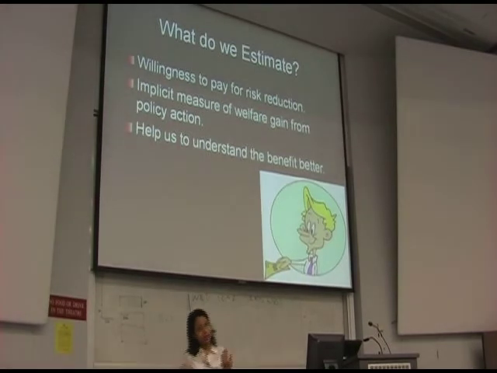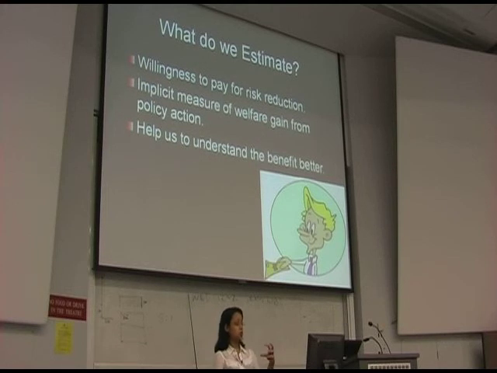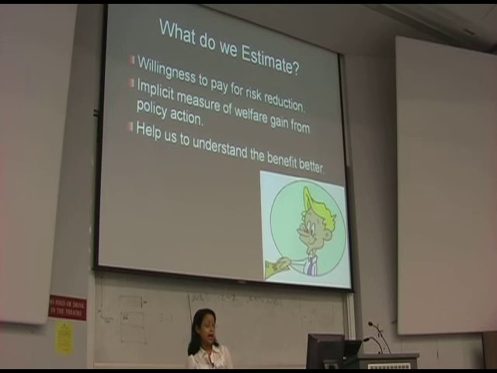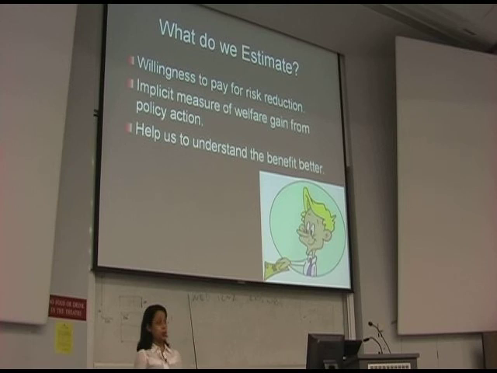So why do we do all this complicated exercise? Our objective is to estimate people's willingness to pay for risk reduction, and how much people are willing to pay. This amount that people are willing to pay gives us an estimate of their benefit.